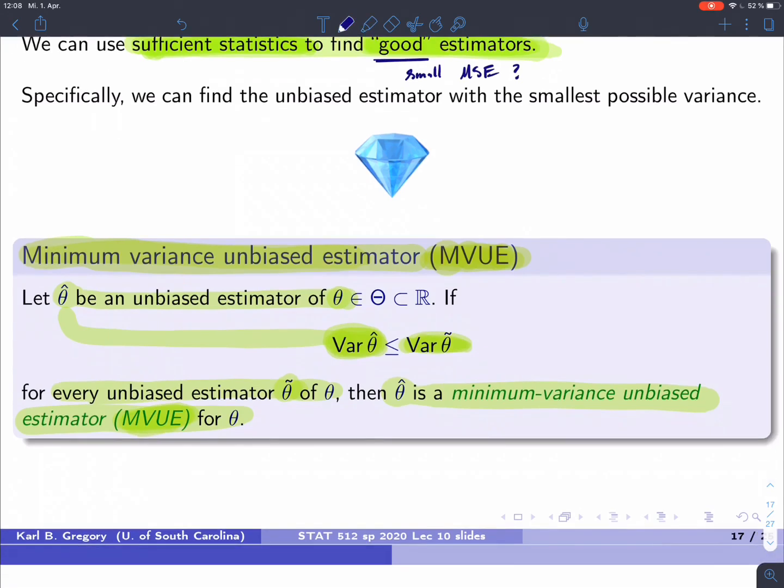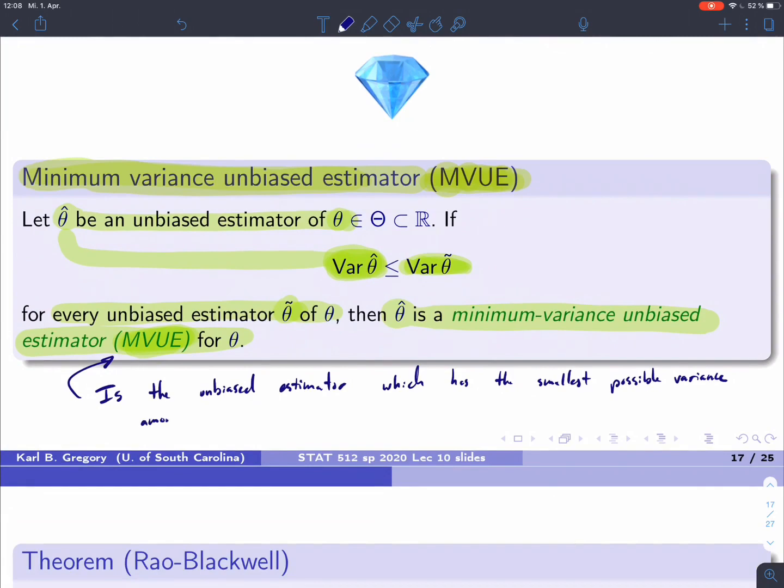So it basically means the MVUE is the unbiased estimator which has the smallest possible variance among all unbiased estimators of that parameter, so of theta.